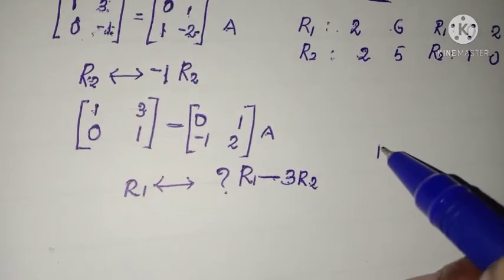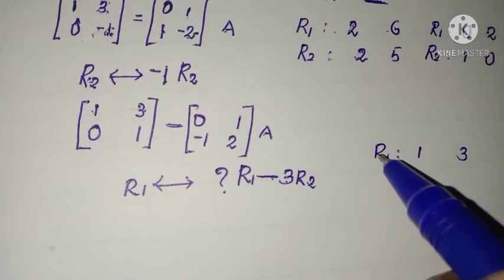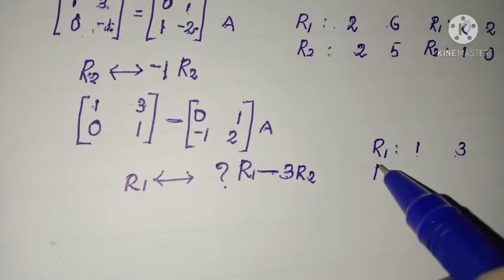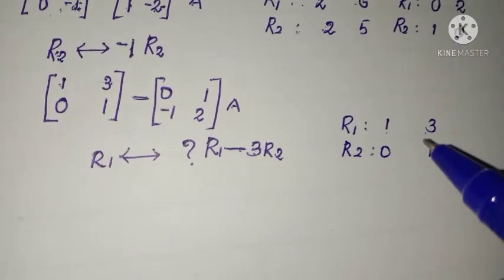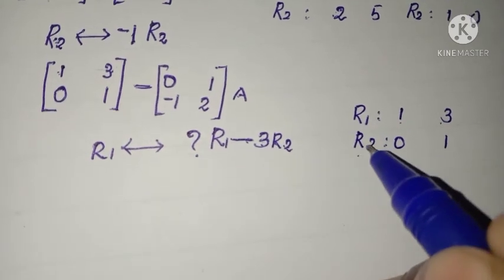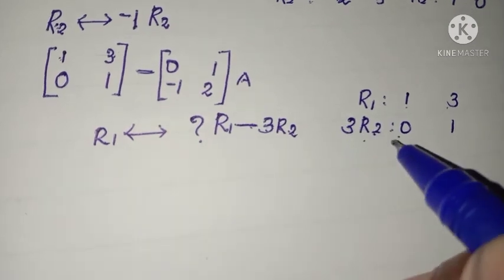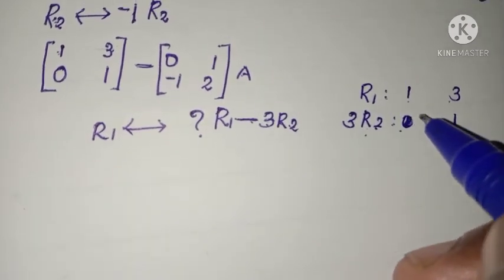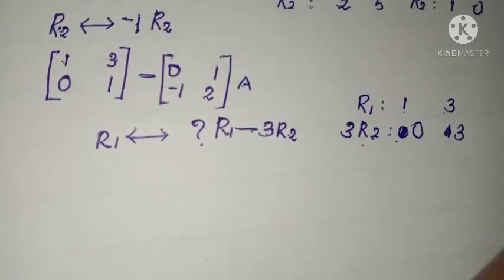What is our first row? There is no change in the first row. 1, 3. The second row is 0, 1. Now in this, first we are going to convert the second row as 3R2, so that this becomes 0 into 3, 0. 1 into 3, 3.